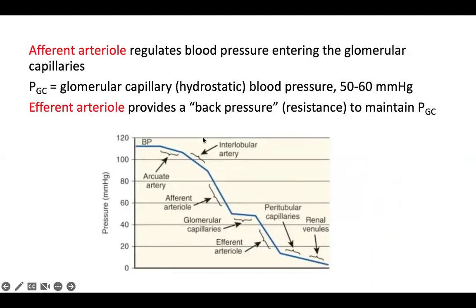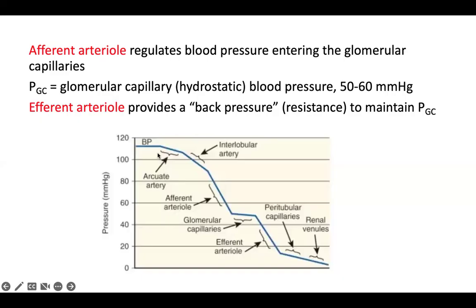And then the efferent arteriole on the back end provides a back pressure, depending on how constricted the vessel is, to maintain the glomerular blood pressure. The glomerular capillary blood pressure, you may hear it referred to as hydrostatic blood pressure. Sometimes they'll have this abbreviation, pressure GC, pressure of the glomerular capillary. And the normal range is about 50 to 60 millimeters of mercury.